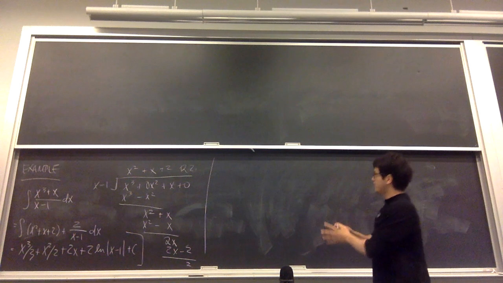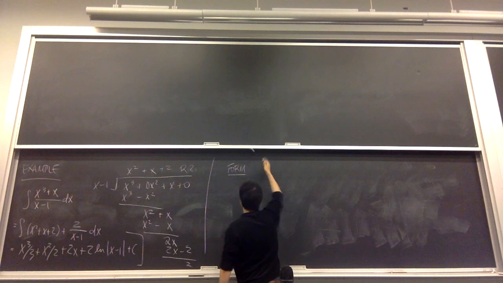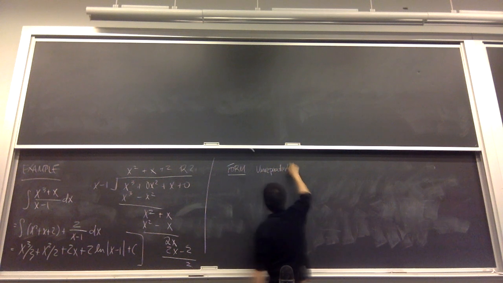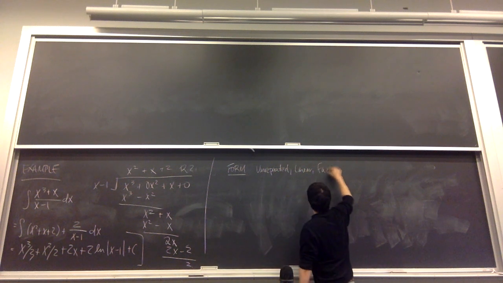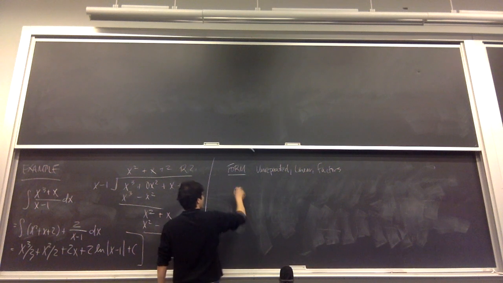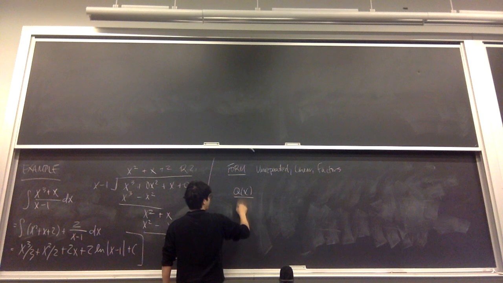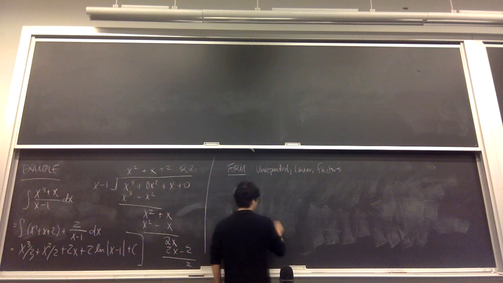Right, so the easiest form I can tell you about, let me just number them. This is form, we're not going to number them, I'm going to name them. Unrepeated linear factors. Okay, so that means I have q of x over r of x, such that q of x over r of x is proper.